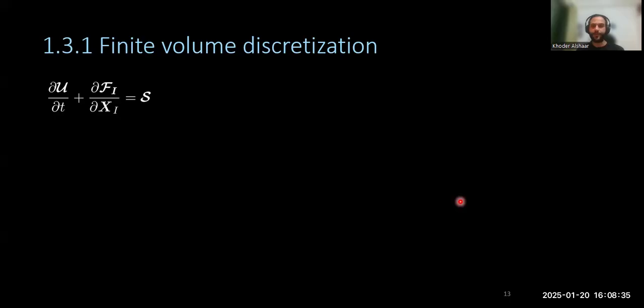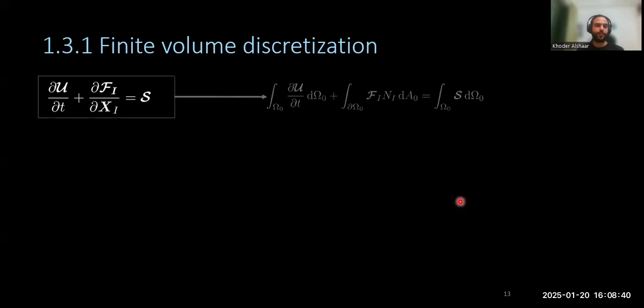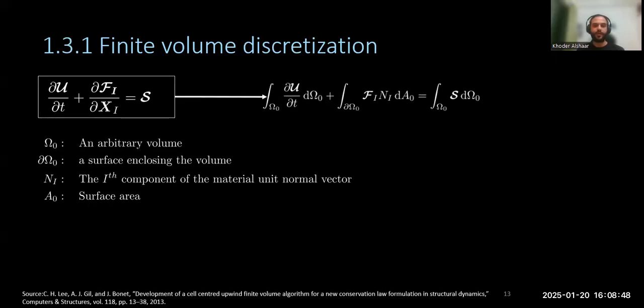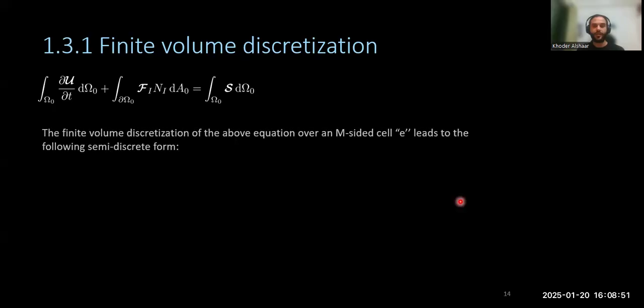I hope everyone is familiar with finite volume discretization, because I'm just going to briefly talk about it. So we take the differential form and we transform it into integral form. From there, we take this equation and we discretize it in space, and we get the semi-discrete form, where we now have an ordinary differential equation that we can discretize in time also.